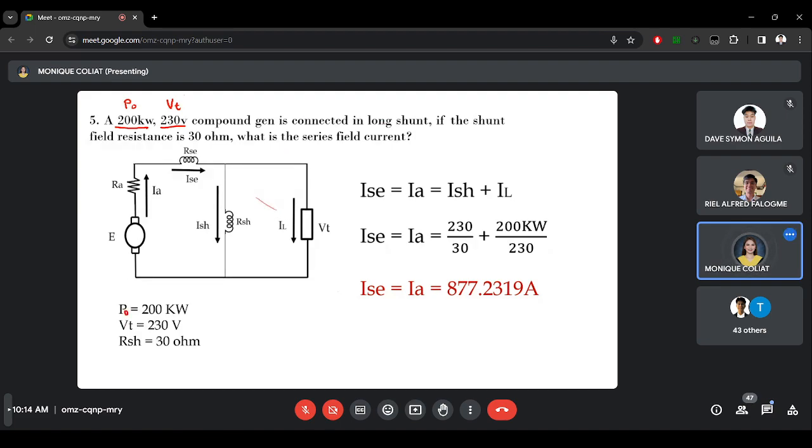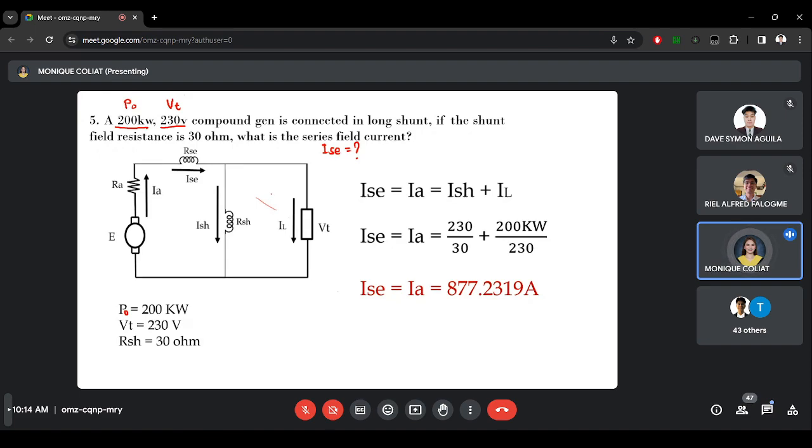Then we have a shunt field resistance, RSH, so this one, 30 ohms. Ano daw ang series field current? Yan ang unknown.